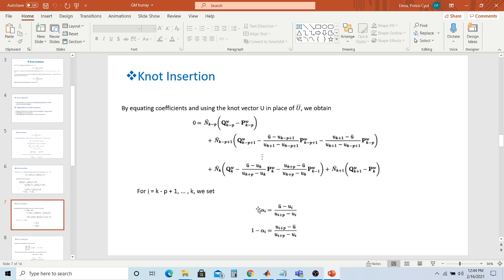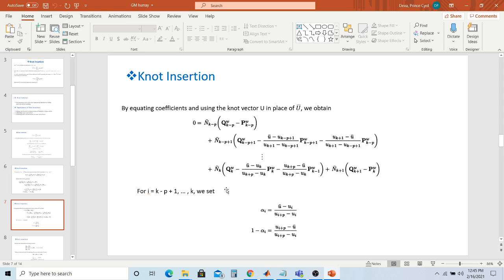Now, by equating coefficients and using the knot vector U in place of U bar, we obtain, by equating it to 0, the equation that you can see here.